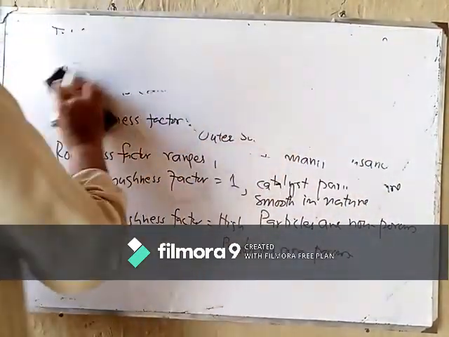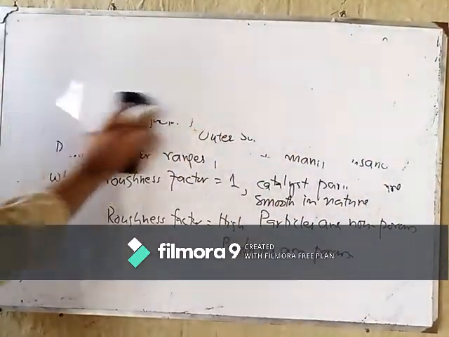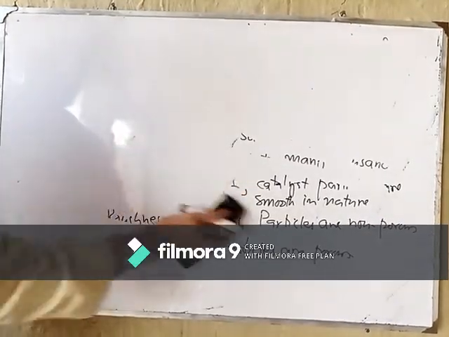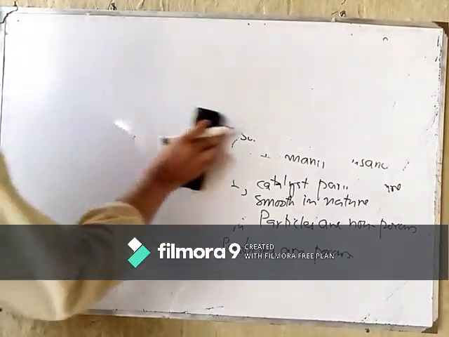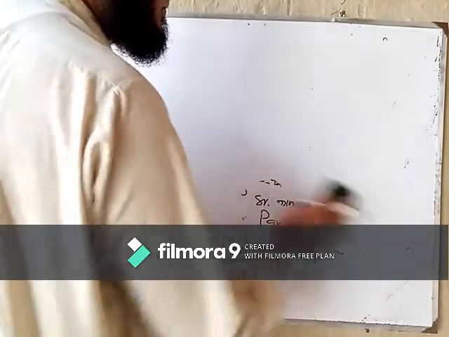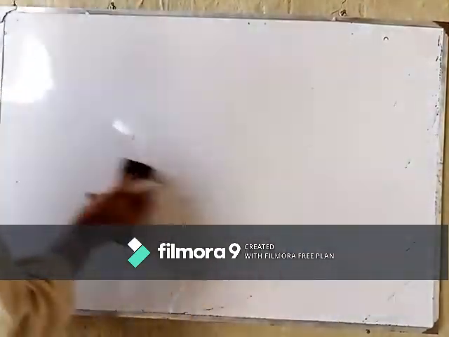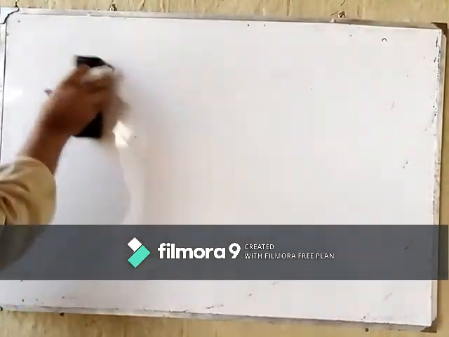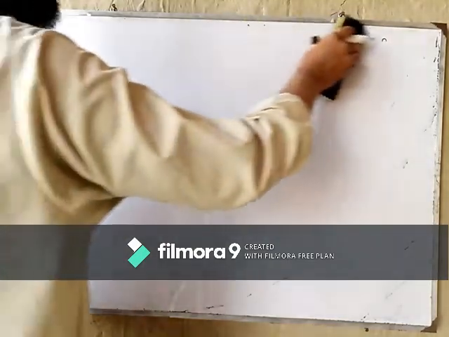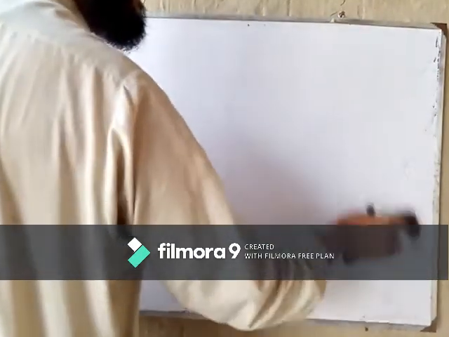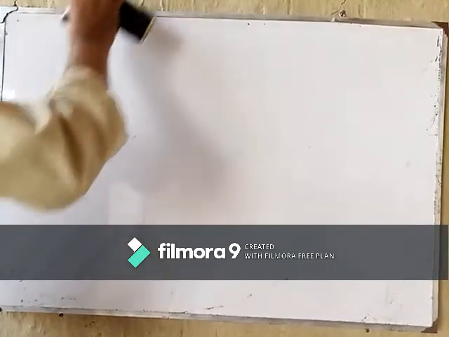A roughness factor is the ratio between the total surface area to the outer surface area. It ranges from 1 to many thousand. When roughness factor is low, it means the catalyst particles are non-porous. The particles are smooth in nature.